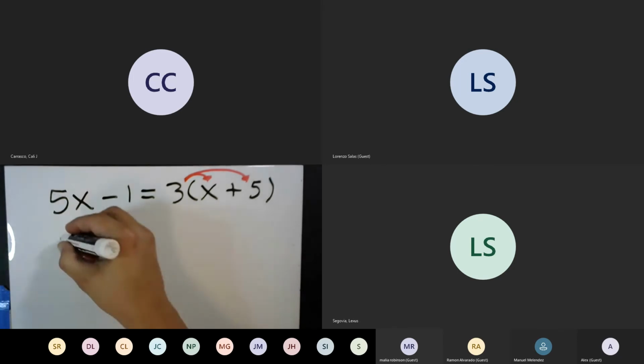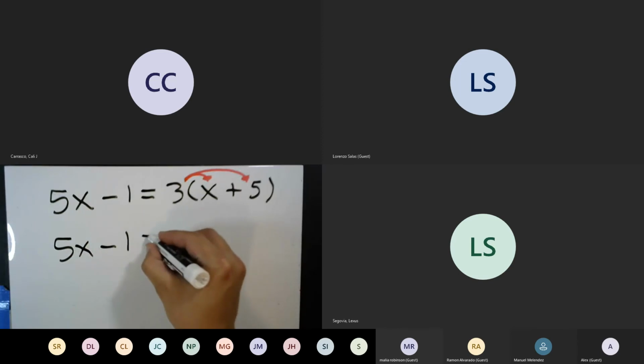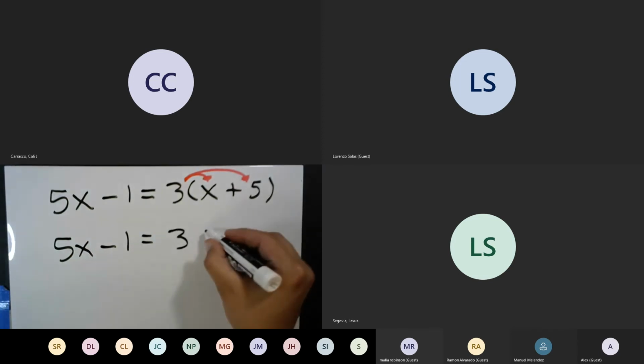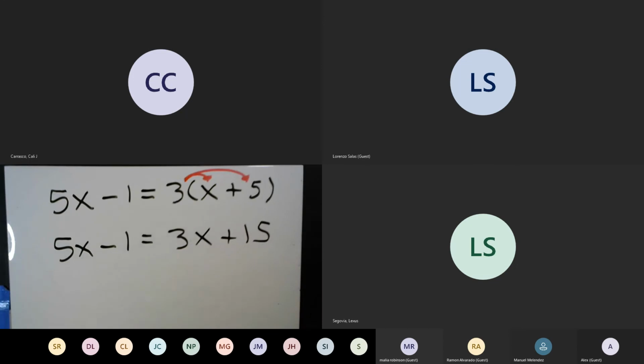So let's just get everything distributed first. Now, we're still in that same mess. Are we trying to uncover this x, or are we trying to uncover this x here? So what we want to do, let's get the x's on both sides, on one side.